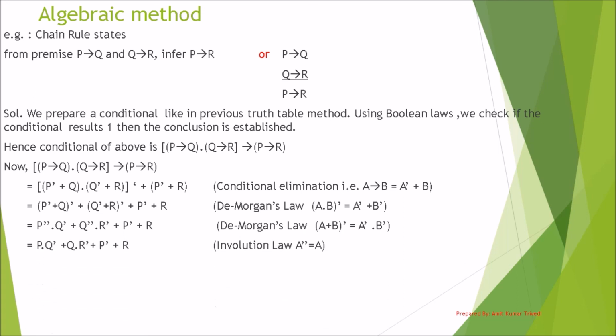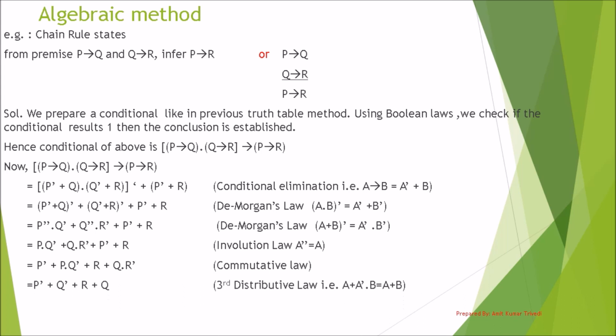Now using the involution law that states A double complement is equal to A, P double complement can be written as P and Q double complement becomes Q. Then we need to rearrange them using the commutative law.